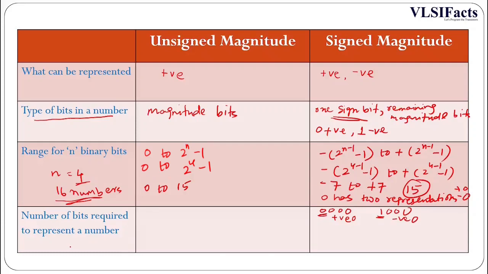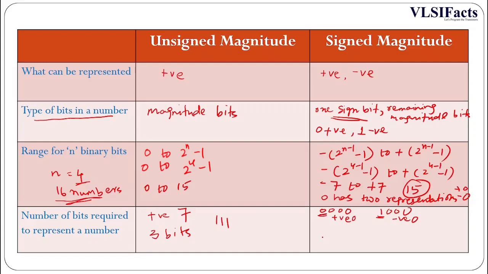Now we will be learning how many bits are required to represent a number. This we will learn using one example. Let us say I want to represent plus 7. Using an unsigned magnitude form, I will need only 3 bits to represent 7, which is nothing but 1 1 1. However, using signed magnitude form, I cannot represent plus 7 using 3 binary bits only.